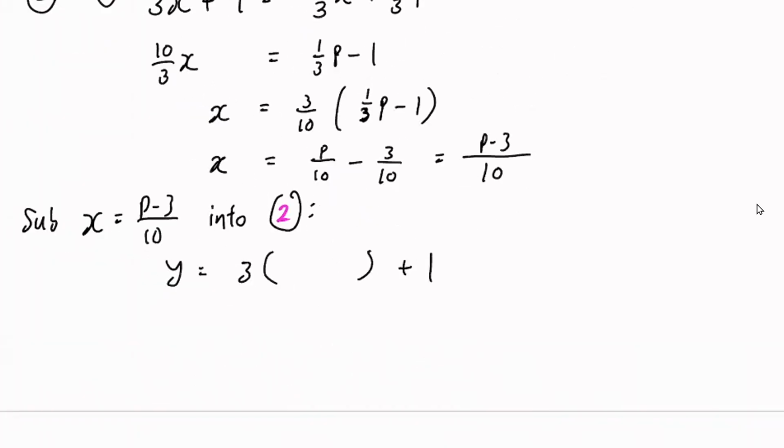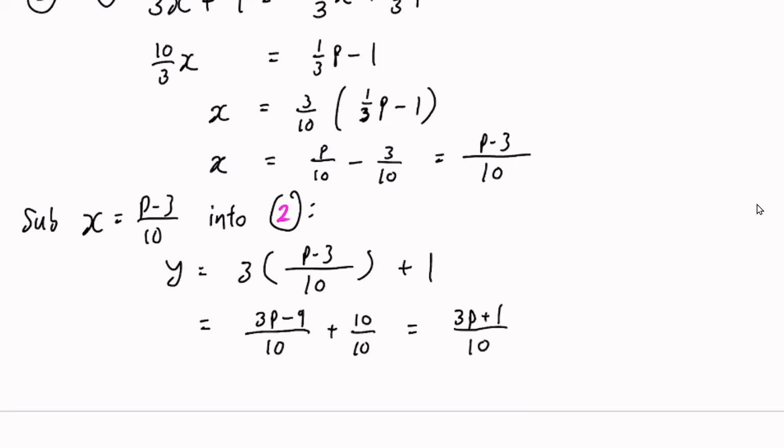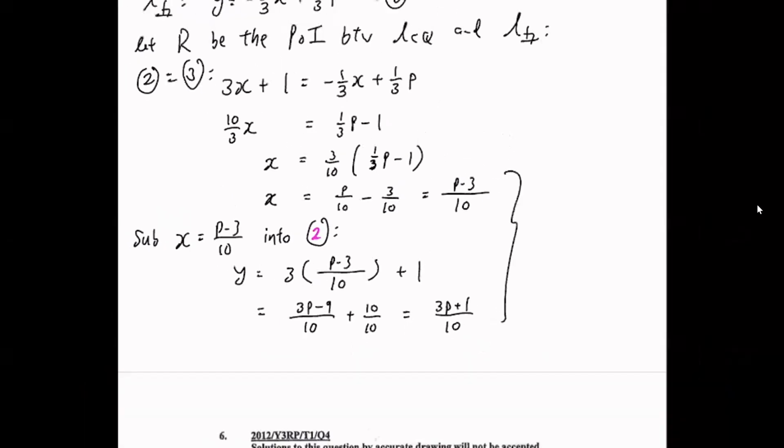Copy paste the x, so we get p minus 3 over 10 in the blank space. Simplify, we get 3p minus 9 over 10 plus 10 over 10, which is 3p plus 1 over 10. Therefore, the coordinates of R are p minus 3 over 10, 3p plus 1 over 10.